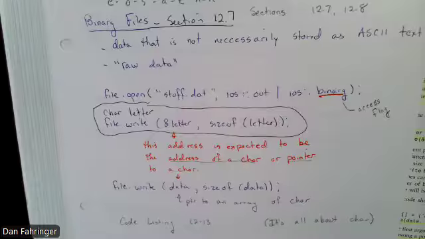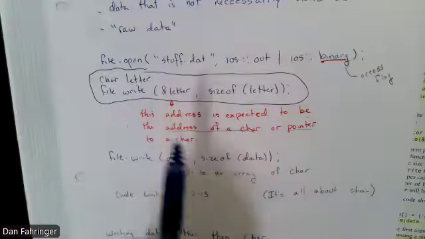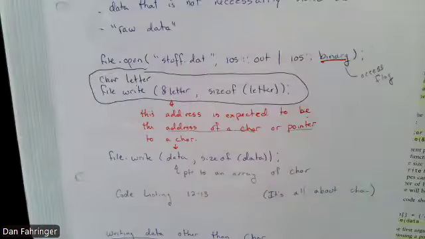We don't need to. The first thing we're going to take a look at is that when we're working with binary files, it's a lot of character use. So we're going to start out with working with just characters. I created a variable letter that is of type char.